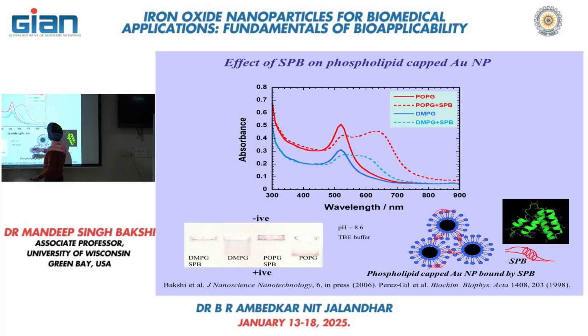What you could do, you could take the gold nanoparticle, the solid red line with POPG, gold nanoparticle coated with POPG, making the bilayer. Then the gold nanoparticle coated with DMPG. I have already explained the nomenclature for these molecules in the previous slides. So when we take these samples without the surfactant protein, you see the sharp band here.